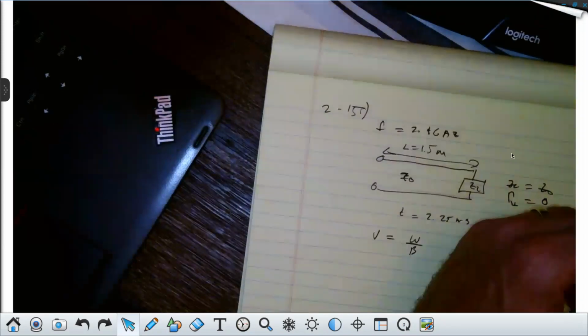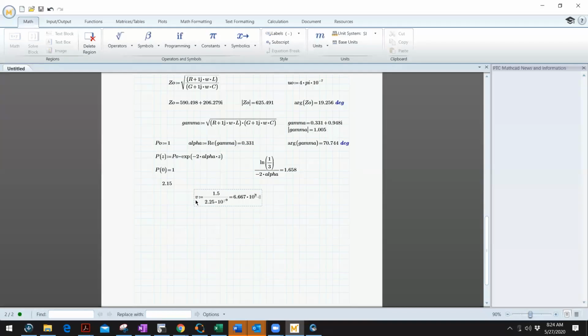Regardless of how long it takes, this is the way you get velocity. You take the distance traveled divided by the time it takes to travel that distance. Everybody got that, right? I know it's 6.667 times 10 to the 8th.